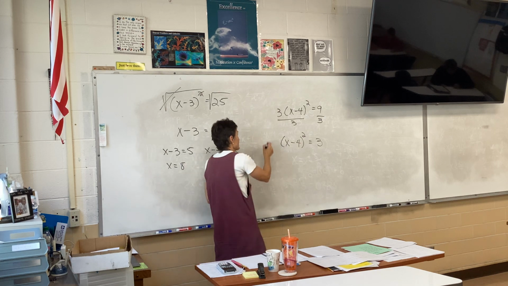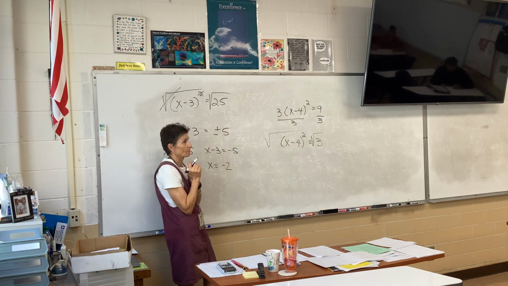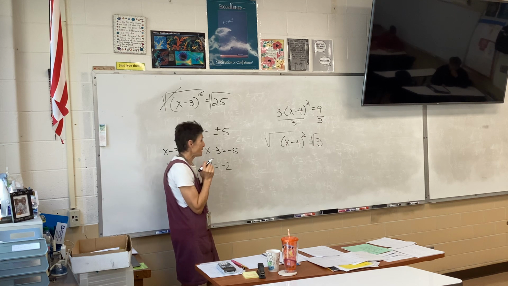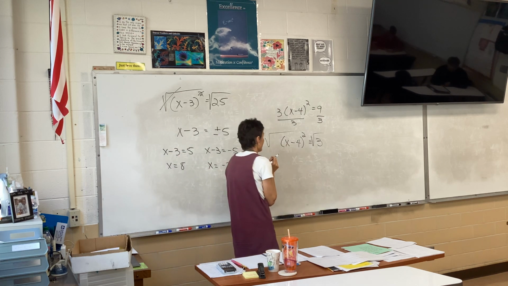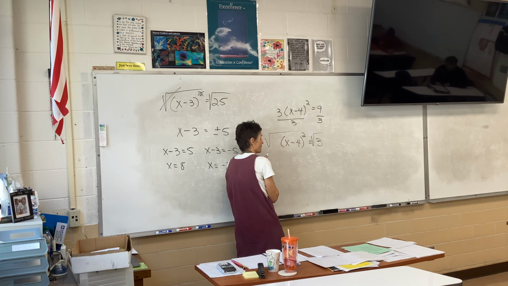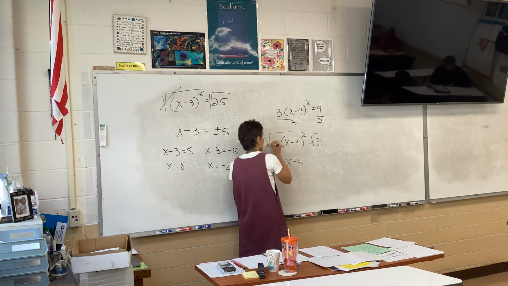Now, can we square root? So what's the square root of x minus 4 squared? X minus 4. These cancel.